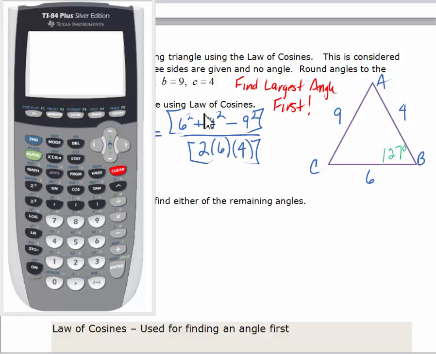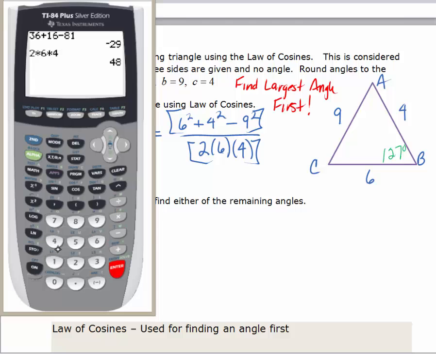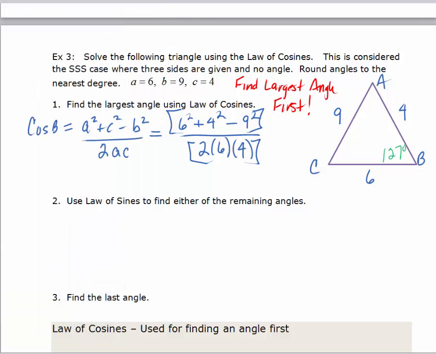Another option is just to evaluate the numerator and the denominator separately, and so we do 36 plus 16 minus 81 for the numerator, hit enter, and then do the 2 times 6 times 4, which again, you could do in your head. And so we know we want the inverse cosine of negative 29 over 48.